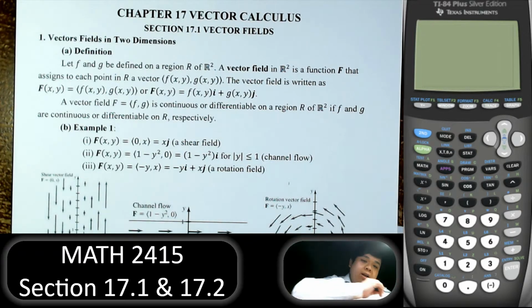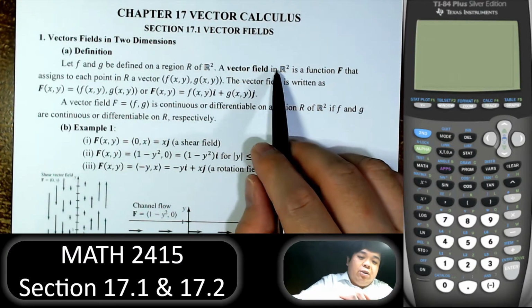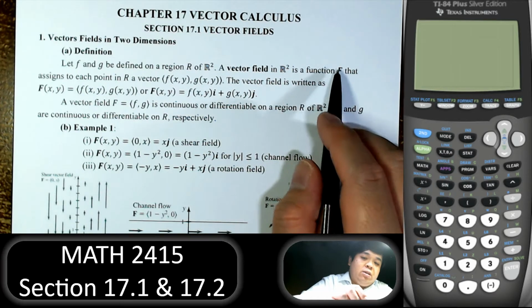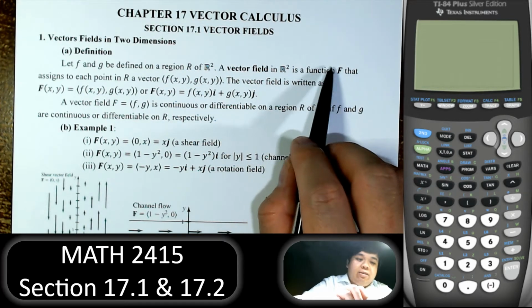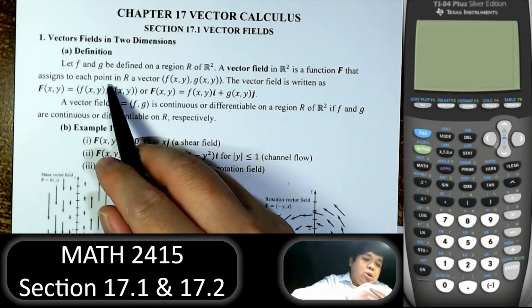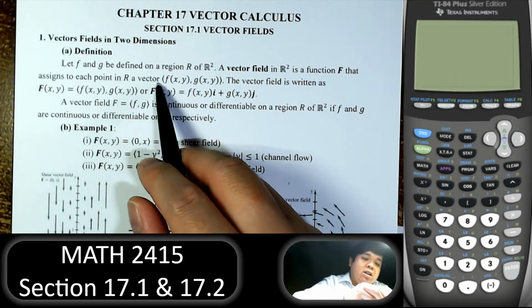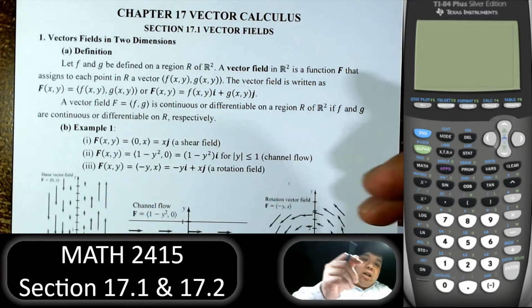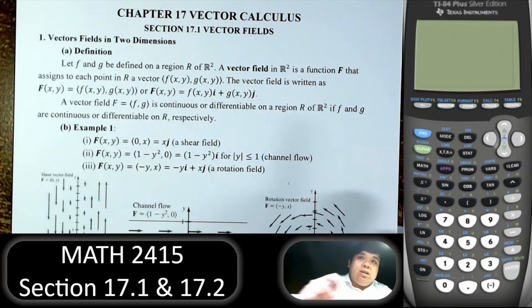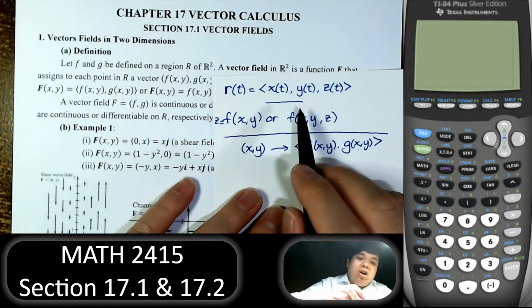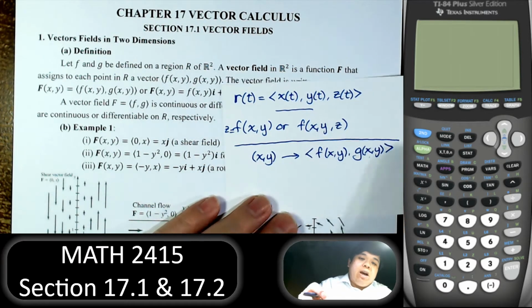Right. So a vector field in R2 is a function, the boldface F, that assigns each point in R a vector. So we assign a point to a vector. This is not a vector valued function.